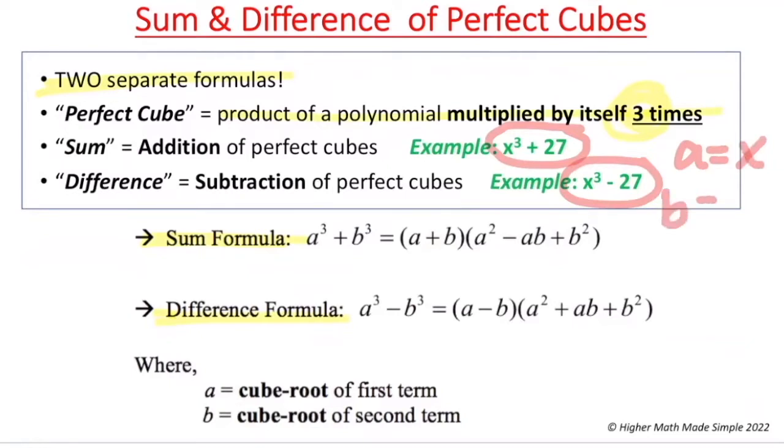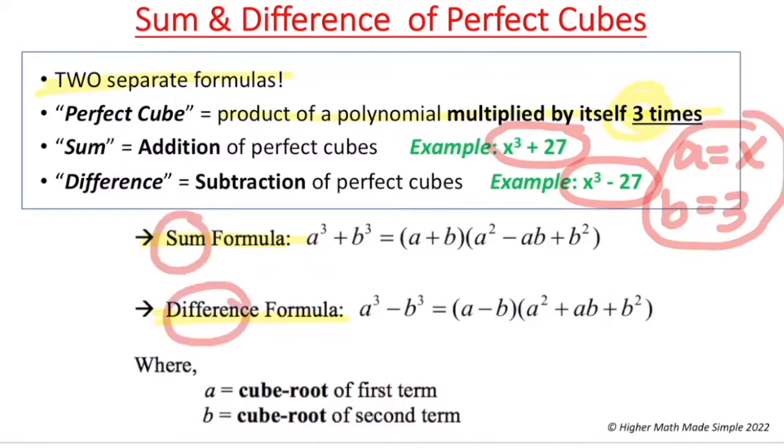And b would be the cube root of 27. So what times itself 3 times gives me 27? 3, because 3 times 3 times 3 is 27. So a would be x, b would be 3, but whether we're doing the sum or the difference formula, all that's going to matter are these signs.